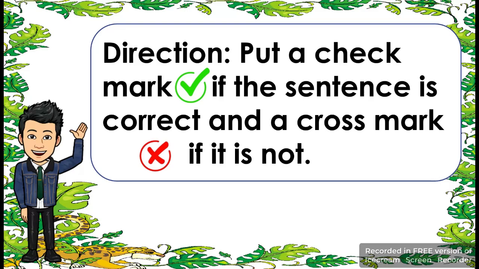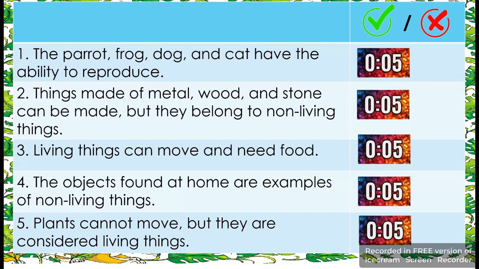For activity 1, direction: put a check mark if the sentence is correct and a cross mark if it's not. Number 1. The parrot, frog, dog, and cat have the ability to reproduce.